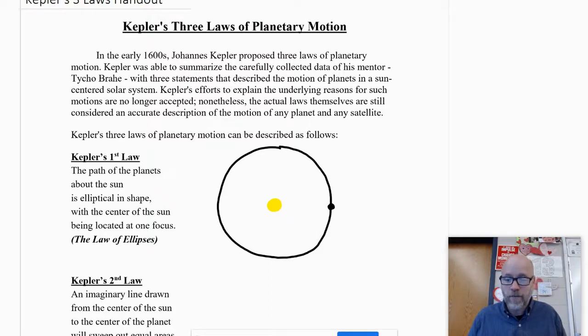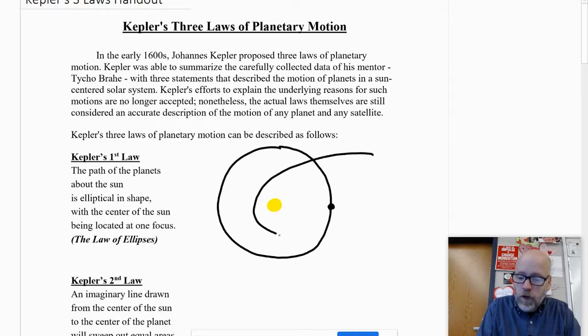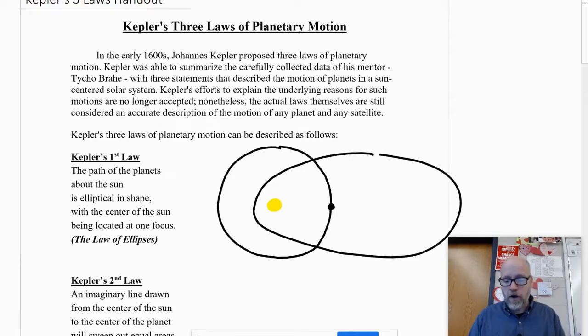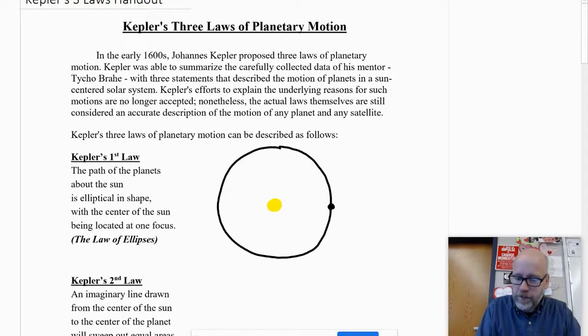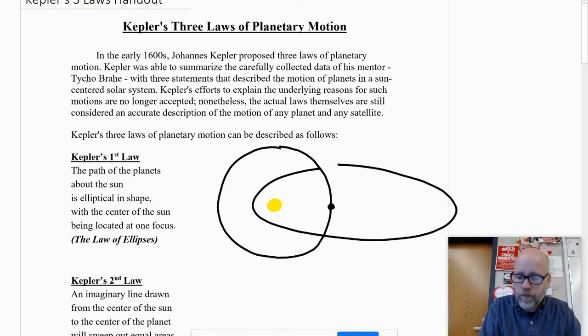I think it's easier to see if we look not just at the motion of a planet, but if we were to say, look at the motion of a comet. And I know that you know from grade school on that comets have much more elliptical orbits. That's a pretty poor picture. Let me try that again. There it is.